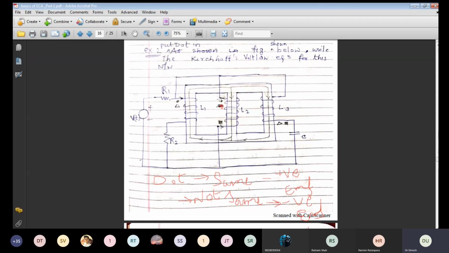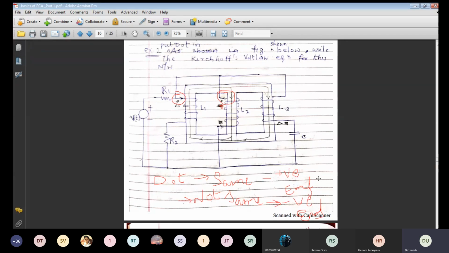This dot is related with this dot, so this is entering and this is leaving. You can observe these 2 points, this dot and this dot, one at entering, one at leaving. So both are different, so we can take the negative EMF.